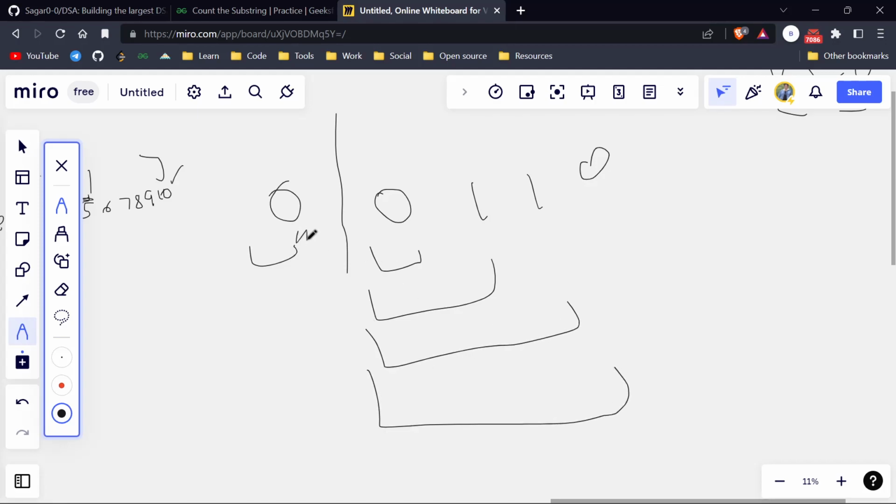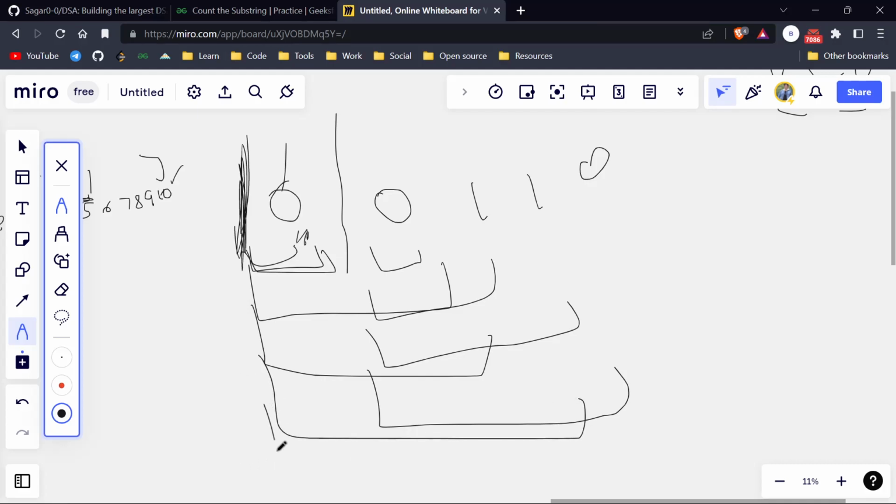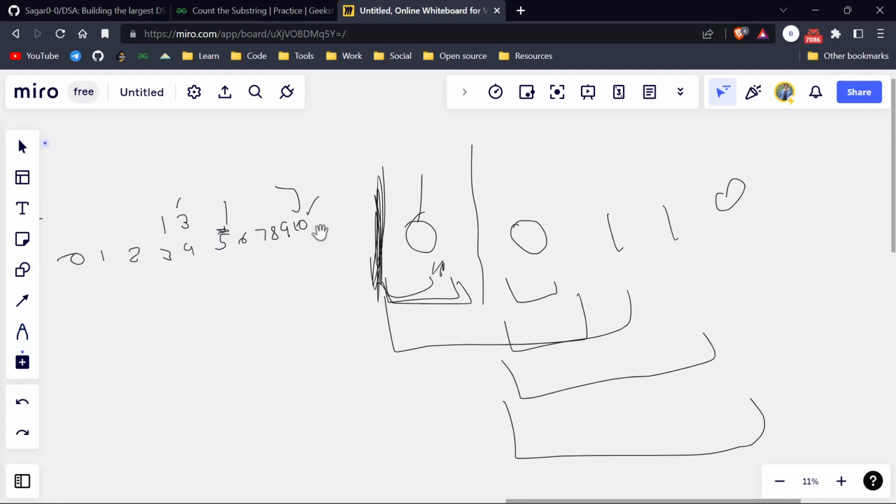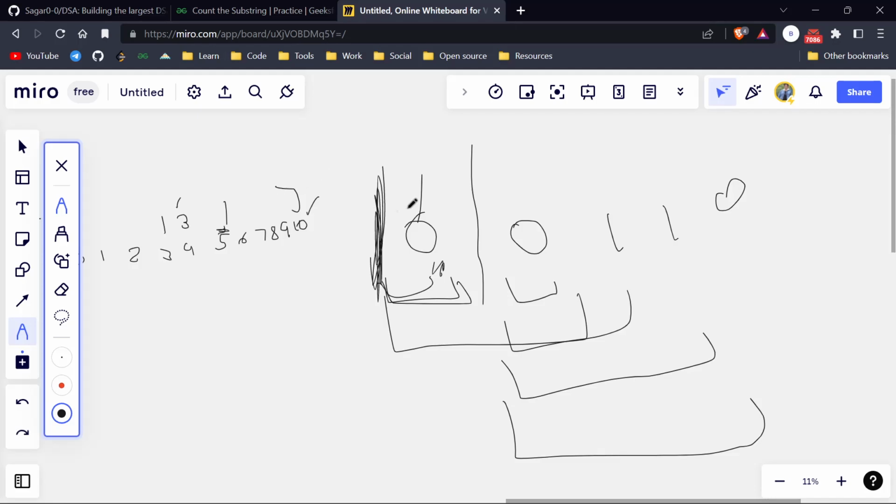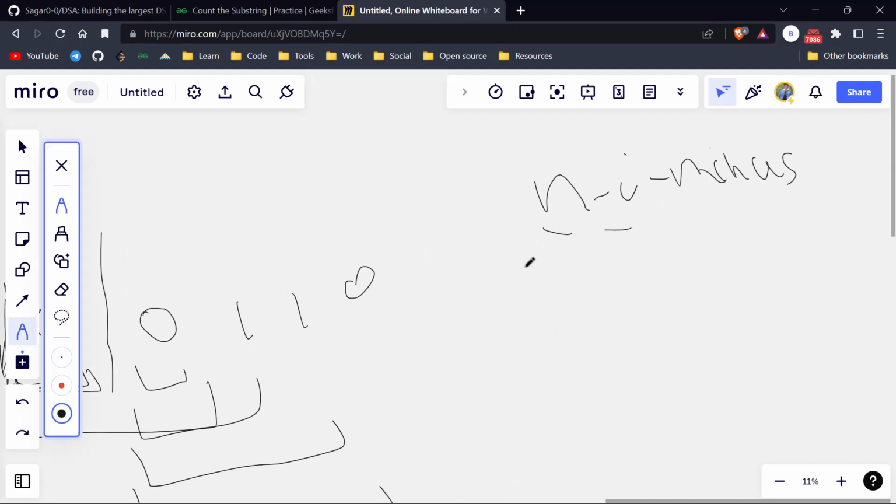And we just have to ignore this one also. So we have to remove this one, and this was starting from this. So we have to remove all the substrings that were starting from this previous 0 index. That means this one and this one also, and all the substrings that were making part in this DP, because now we have to use DP to make our new minus value.